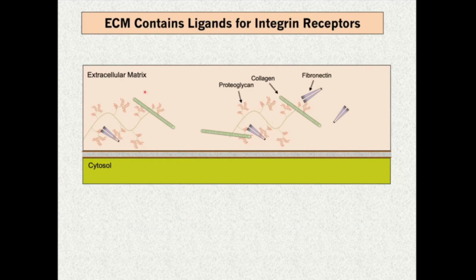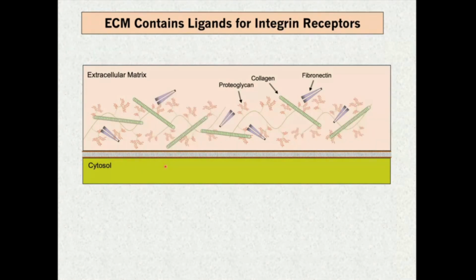So this is a scheme that shows the extracellular matrix. Here's the cell membrane and the cytosol. In DIO mice and in humans, we know that if there's a gain in weight, there's an increase in ECM proteins. Now, these proteins are not simply physical barriers.